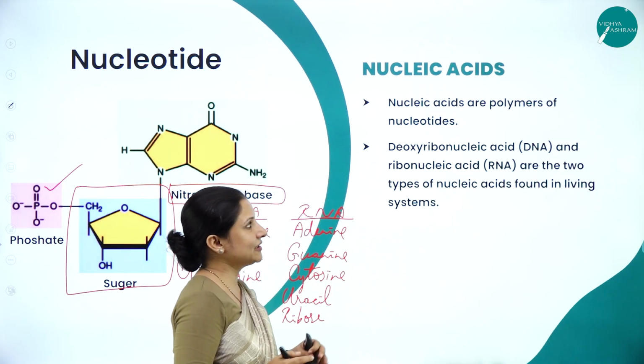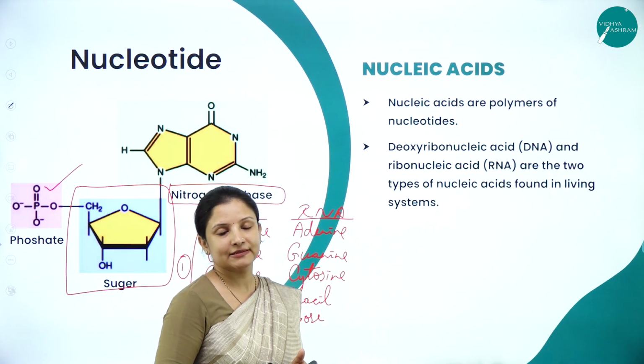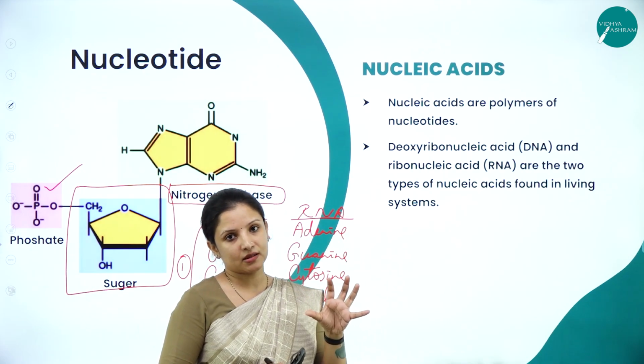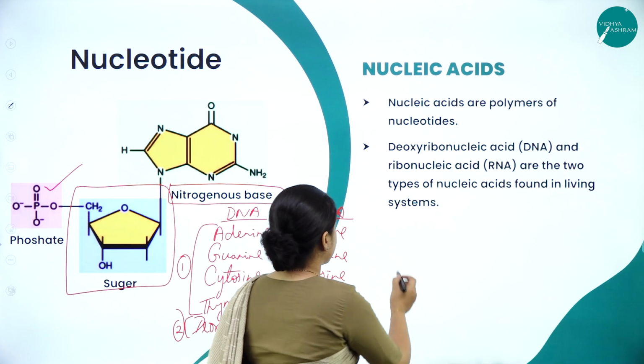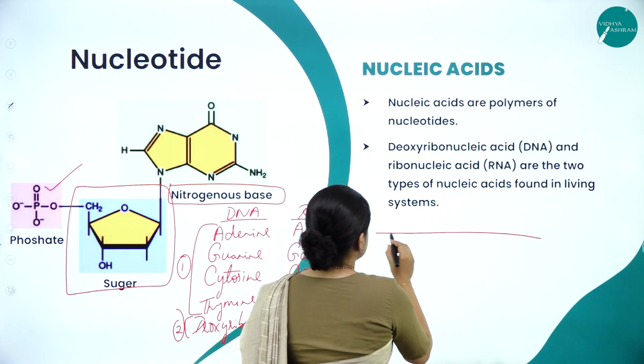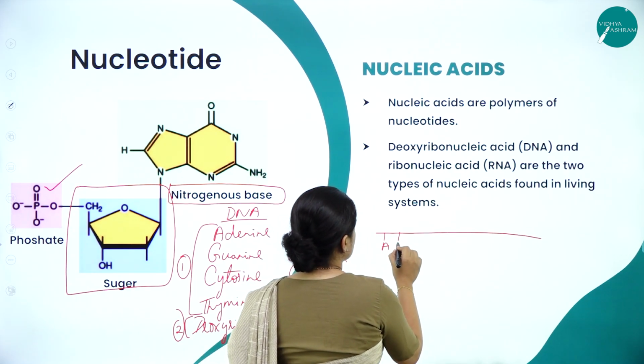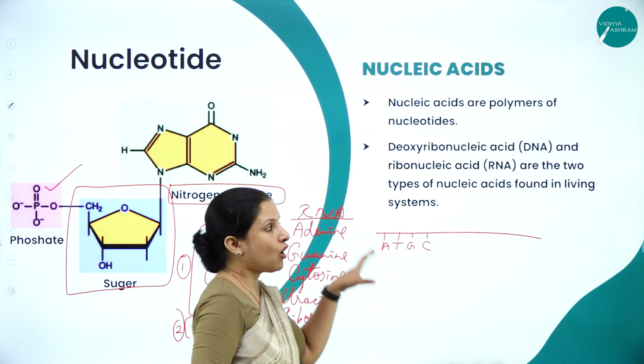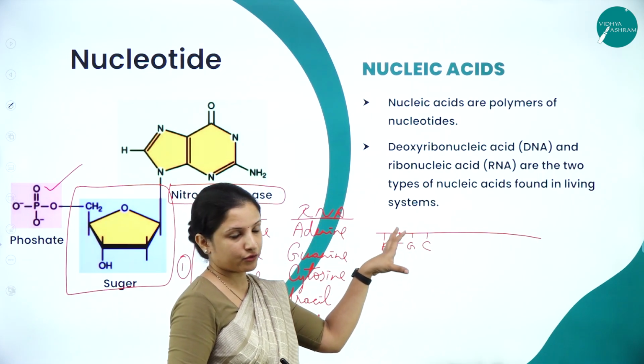So nucleic acids are polymers of nucleotides, right? So what are nucleic acids? They are nothing but those components present in the DNA. So, for example, we have A, T, G, C. Altogether, they are polymers of nucleotides.